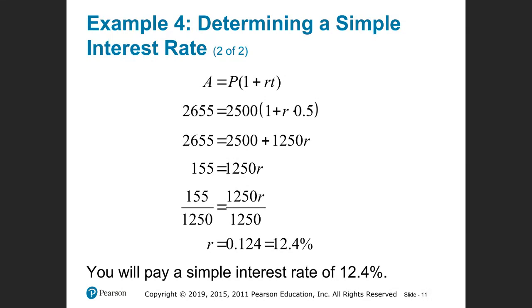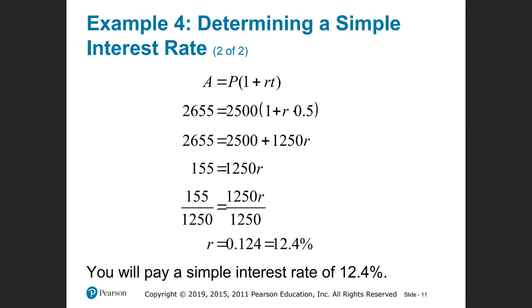So we're going to put all these values in our formula. A is equal to P times the quantity 1 plus RT. Remember to do R times T first. Well, in this case, we don't have a value for R. That's what we're trying to find. So we are going to have to just keep it like it is.